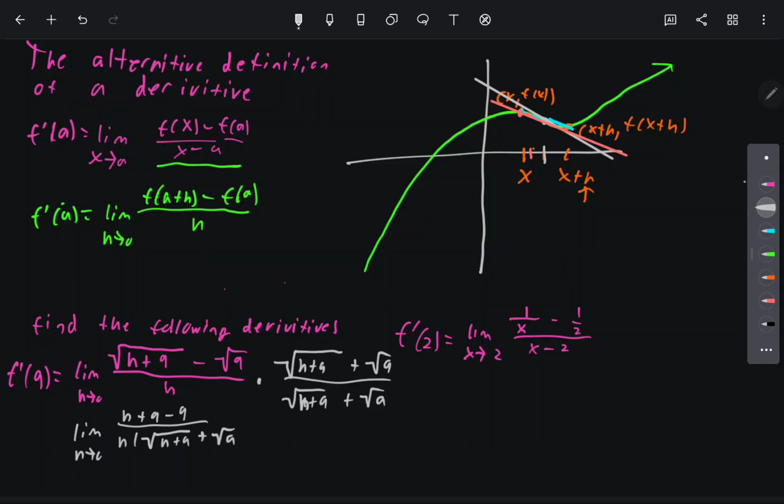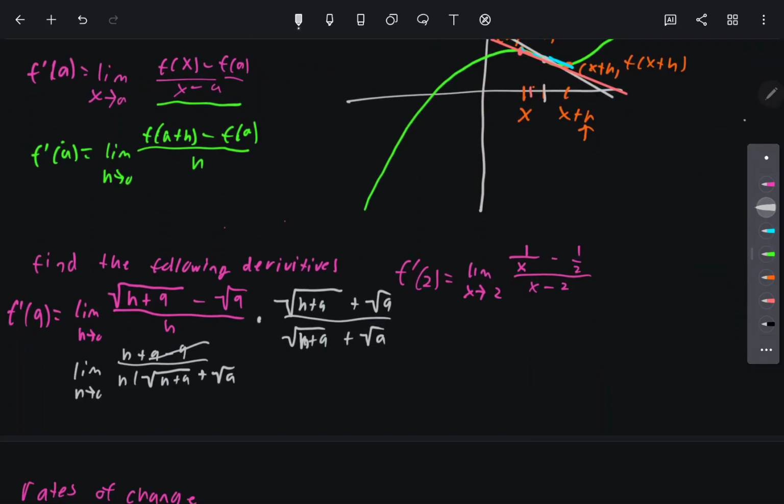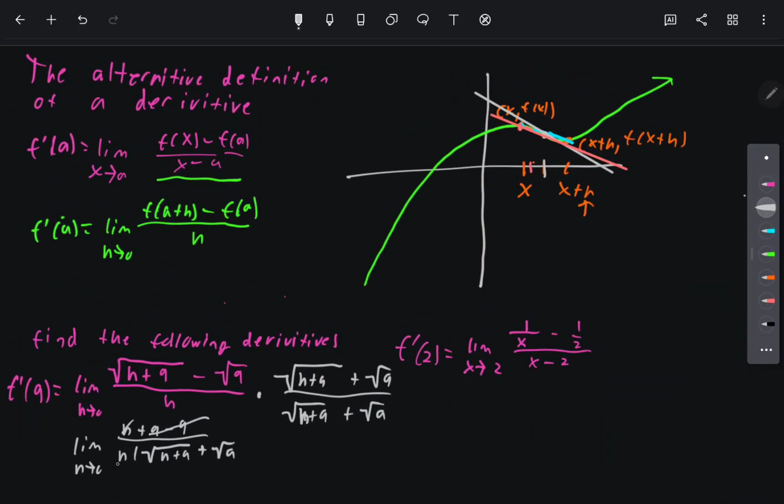Alright. Well, we can cancel these 9s up top. These h's are going to cancel. So, in the end, we are just left with 1 over the square root of h plus 9 plus the square root of 9.